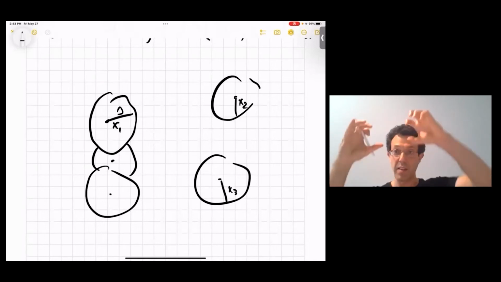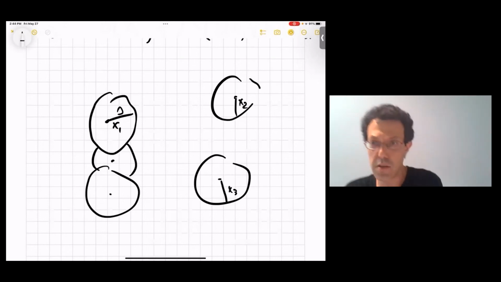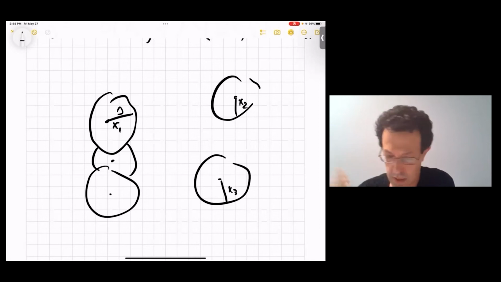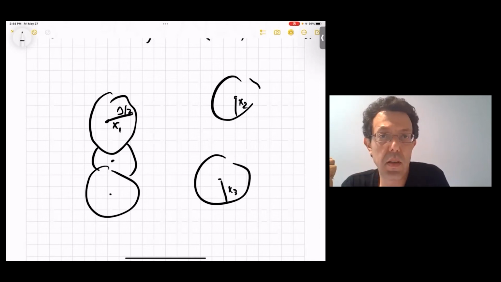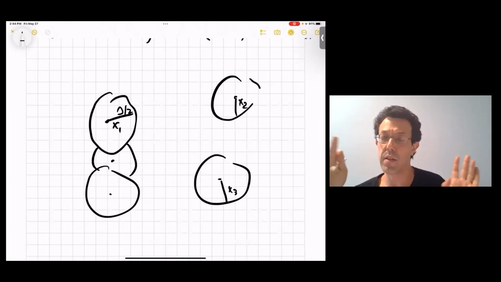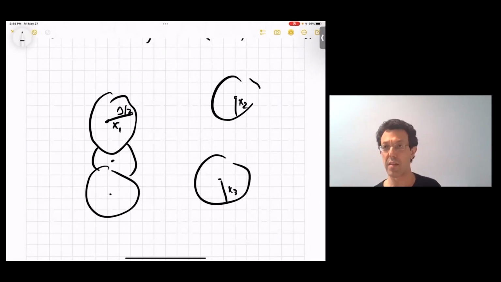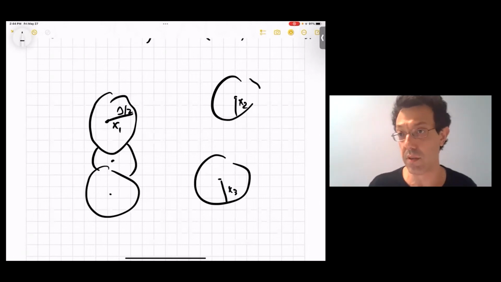They don't have to be connected. They can be like a little fragment here, a little fragment here. But every point tries to bite out of the space a ball of radius delta over 2 of what remains, of what has not been taken before. So that's iterative ball partitioning. That is really the most standard thing that you can do and very natural.